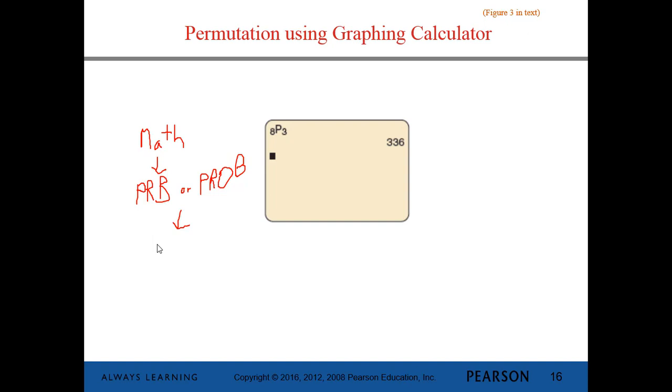So on your calculator, it'll look like this: N, P, and then R is the function. So this is what you look at, and then you're going to use your calculator to find this permutation. So practice using that function. It's pretty quick. Now you can use my method, which is just the dashes, and then use the fundamental counting principle. You can use your calculator and use NPR to do it, or you could use the formula.